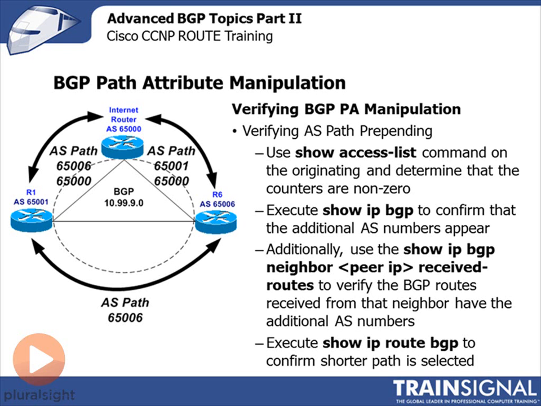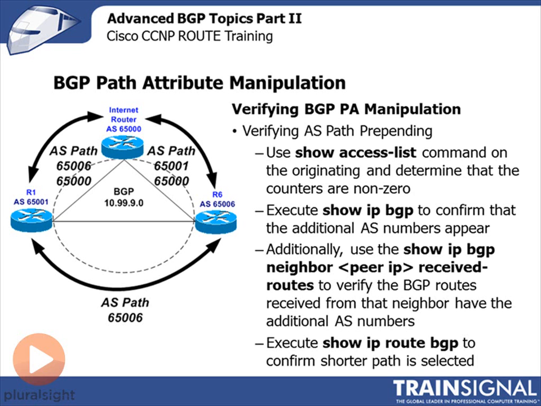For instance, if it's coming from 65001, you should see multiples of 65001 depending on how many you specified to be prepended. Another very powerful command is show ip bgp neighbor, then the peer IP of the neighbor, and then received-routes. This is a great command because it'll tell you specifically what routes are being received from a particular neighbor. And you should see the prepended AS numbers in that as well.